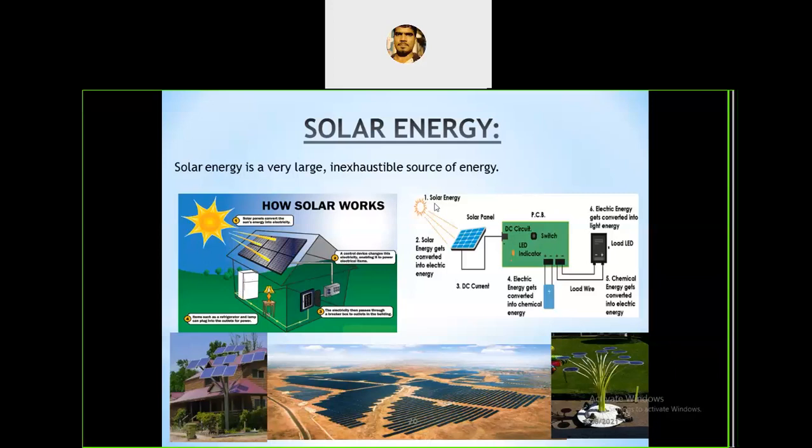And here is how the conversion of solar energy works. The rays fall on the solar panel, and the solar panel converts them into electric energy, DC energy. We cannot use DC energy directly, so there is a circuit that converts this DC into AC, and then this energy is stored in electric batteries.